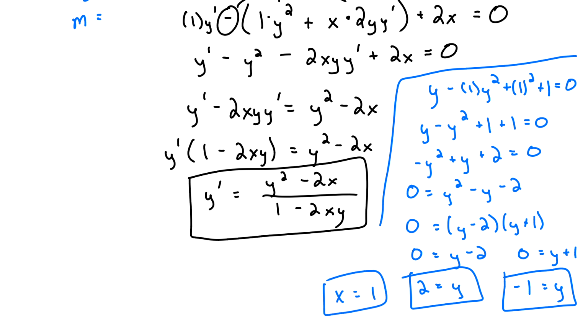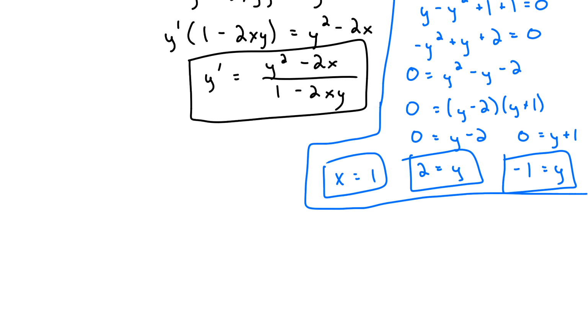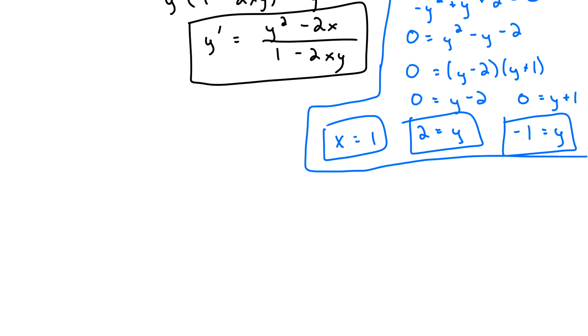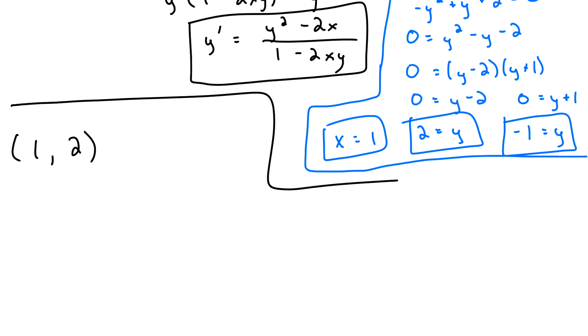So just like we did last time, we're going to end up with two separate equations of our tangent line. So let's scroll down just a little bit. First of all, I'm going to have the point, let's start with 1, 2. So I'm going to take that, and first of all, I need to find my slope, which means I need to plug that into y prime.